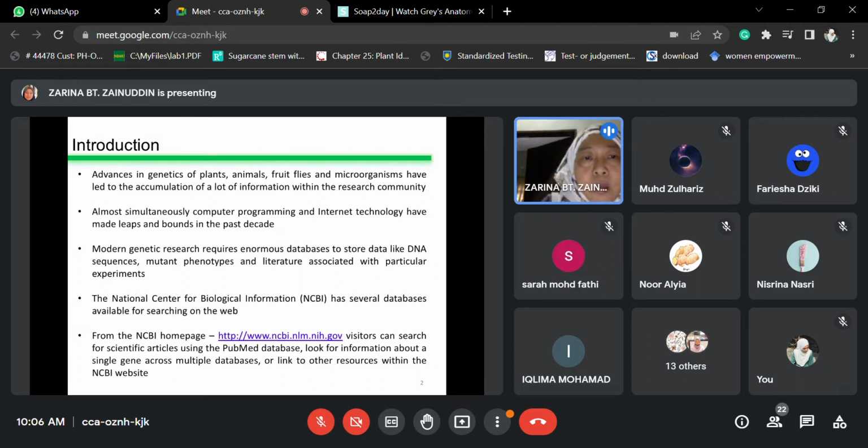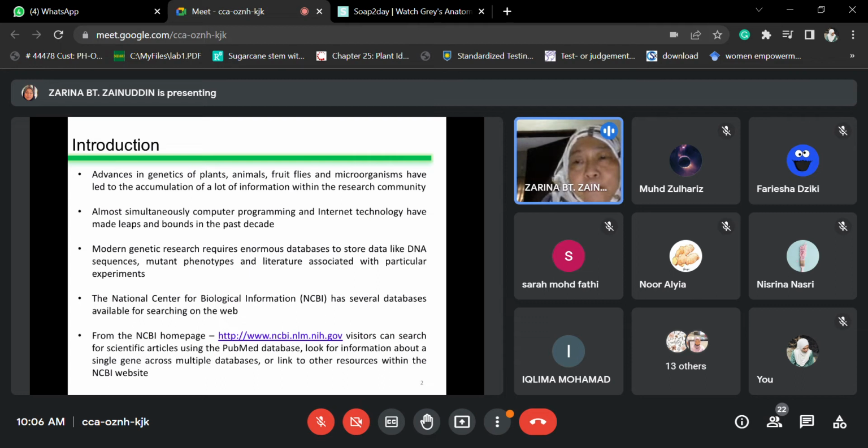So based on this, we know that to do research, especially on genetics, we require these databases to store data. For example, we can store data on DNA sequences.